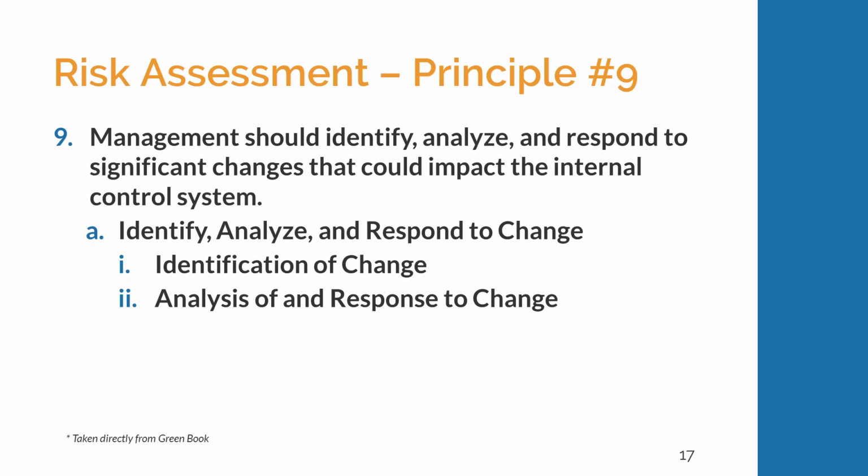Where are you going to get the extra dollars to pay for what the grant doesn't cover, which means your unrestricted funds. So you need to look at that in that process. With the significant change, yes, we've grown an extra $1 million worth of grants, but how are we going to support that with our unrestricted fund? That's where you look at identifying your changes and analyzing and responding to those changes.